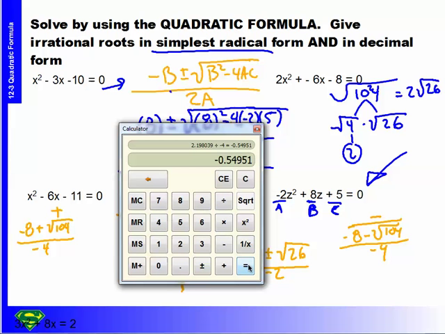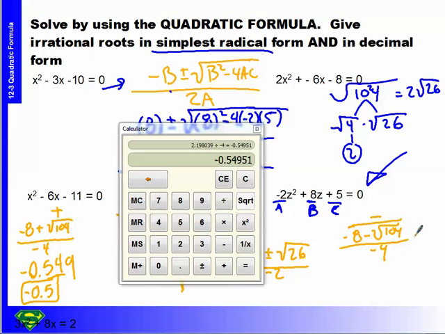And so I end up with -0.549. And we have been told to round to the nearest tenth. So 4 is less than 5, therefore we're just going to round down to -0.5.